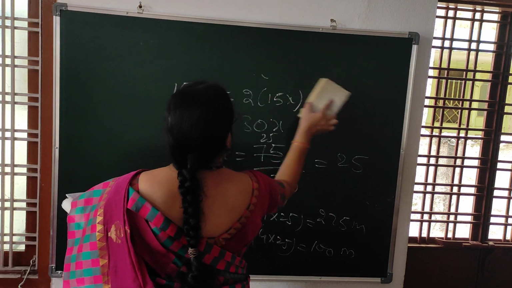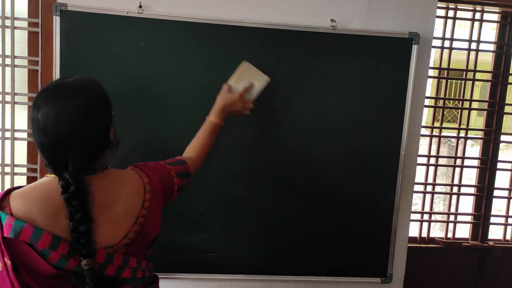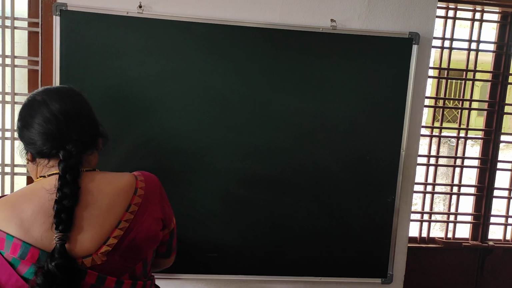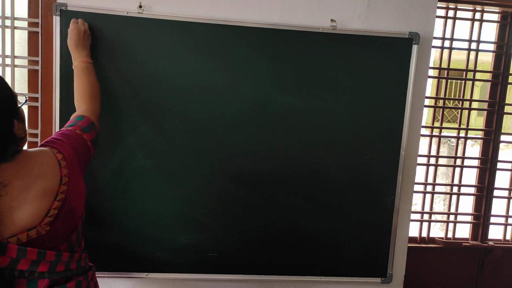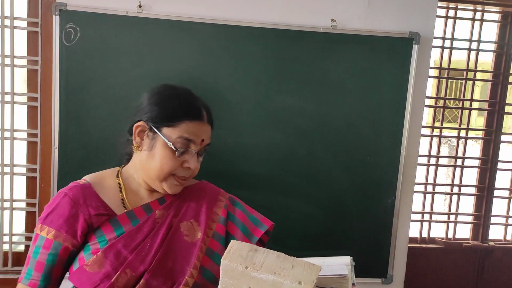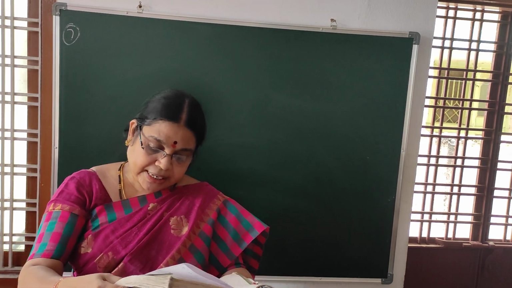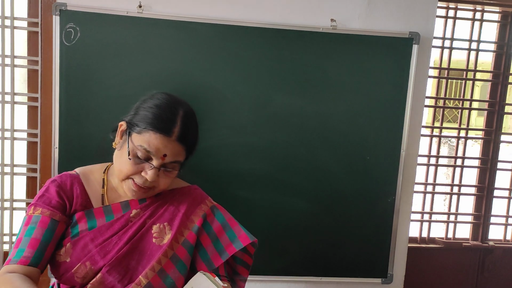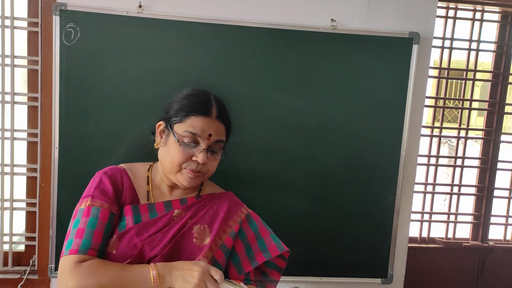Next question. Seventh question. Hassan buys two kinds of cloth materials for school uniform: shirt material that costs him 50 rupees per meter and trouser material that costs him 90 rupees per meter.